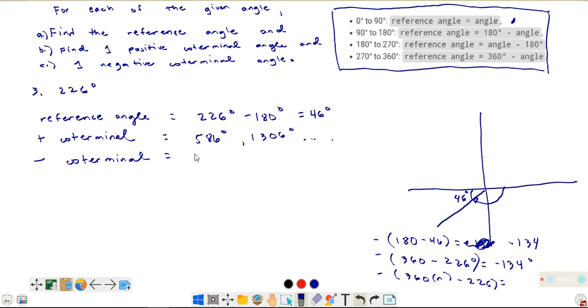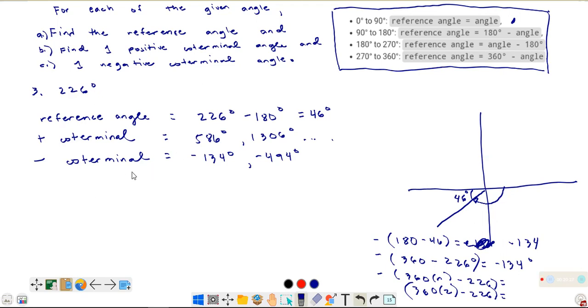Pareha sila. Negative 134 degrees. Nagkamali ako ng subtract kanina. Next, halimbawa gusto natin dalawa. Almost dalawang revolution. 360, edi 720 minus 226, 494. So, negative 494 is also coterminal with our given angle.